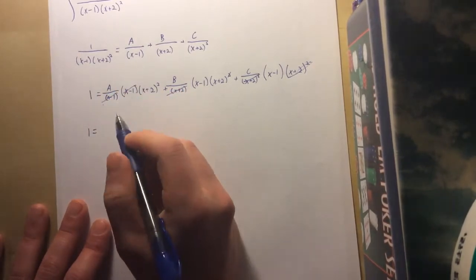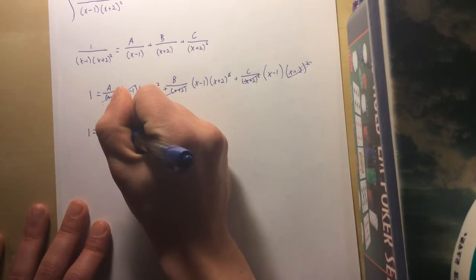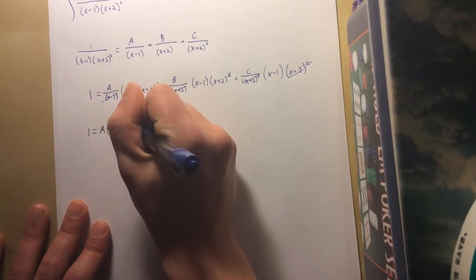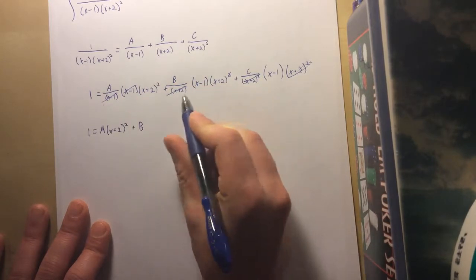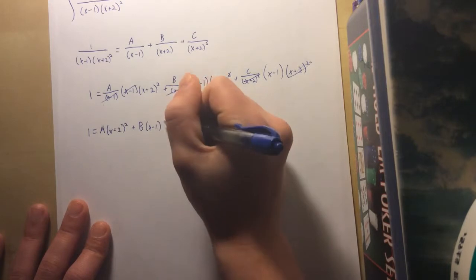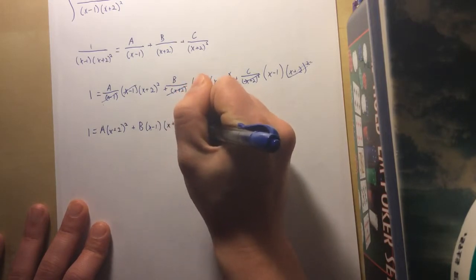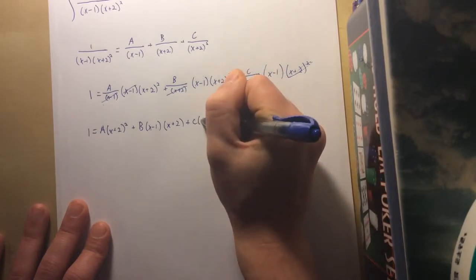We have 1 times a, and what's left is just an x plus 2 squared, plus b times, well, we're left with x minus 1 and one of these x plus 2's, and then the c is left with just an x minus 1.